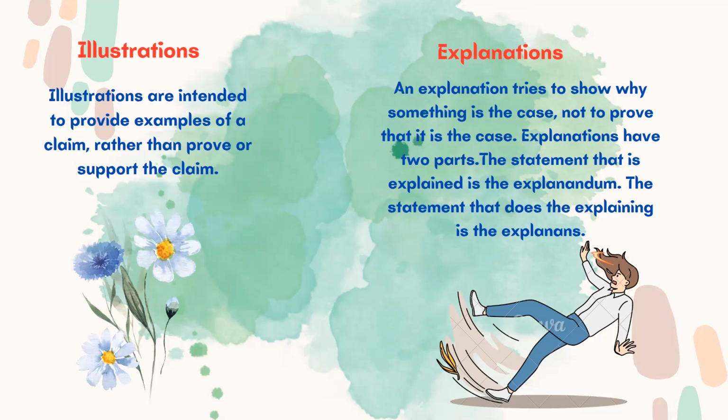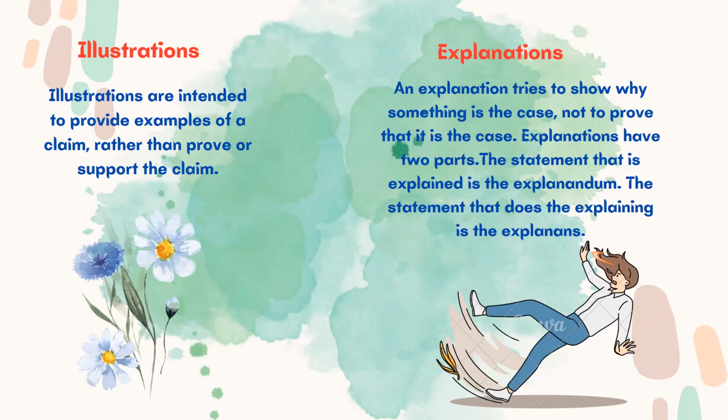And the last one, explanations. An explanation tries to demonstrate why something is the case, not to prove that it is the case. Explanations have two parts. The statement that is explained is the explanandum.